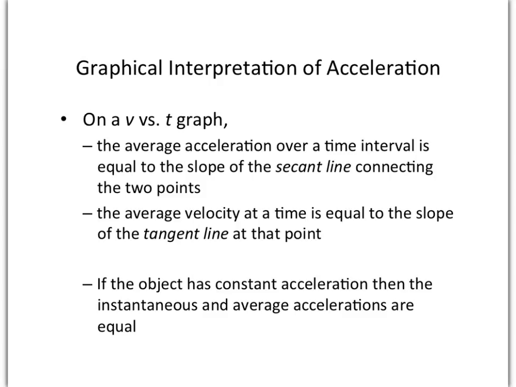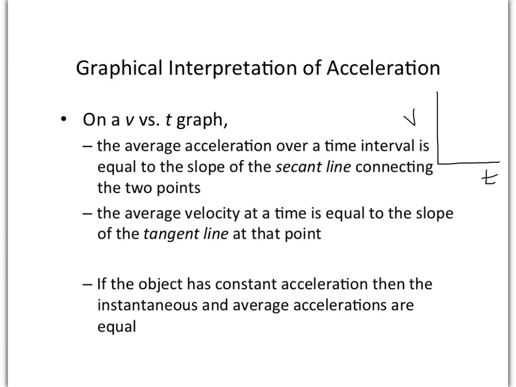But let's just say, for the sake of argument, that we do have a changing acceleration, an acceleration that is not constant. This would be a velocity versus time graph. There's time on the x and velocity on the y right here.